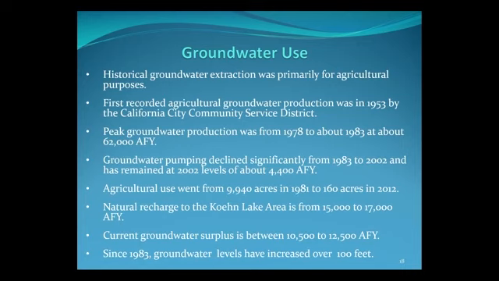The natural recharge to that area is 15,000 to 17,000 acre feet per year. So if you subtract the annual use of 4,400 from the natural recharge of 15 to 17, you get a groundwater surplus between 10,500 and 12,500 acre feet per year.